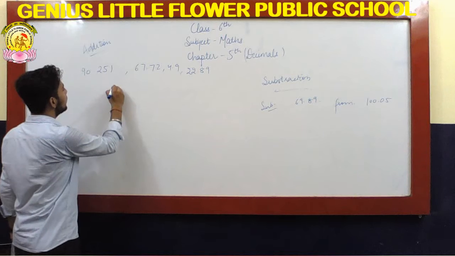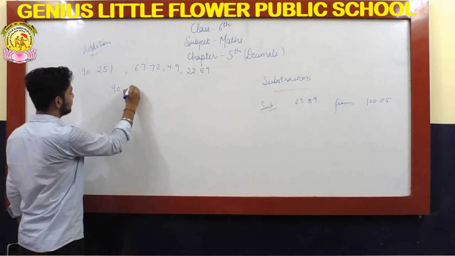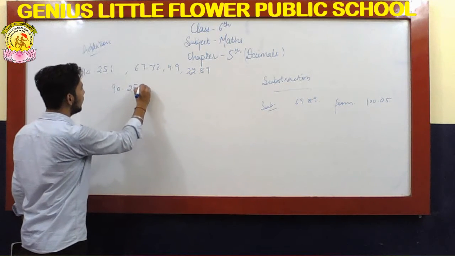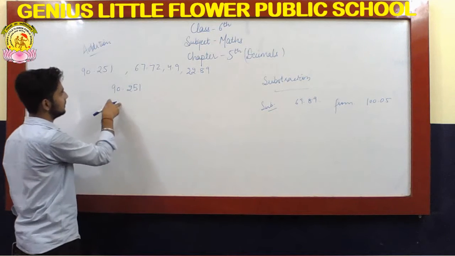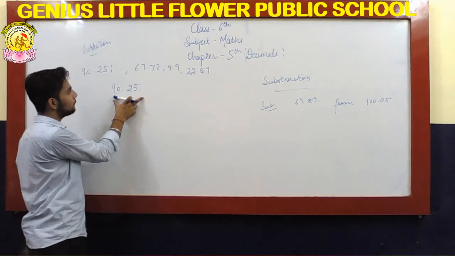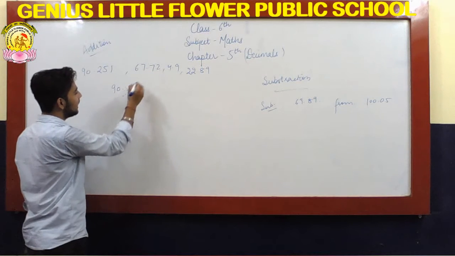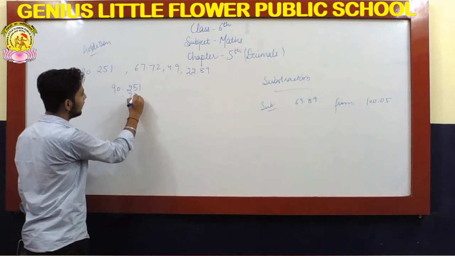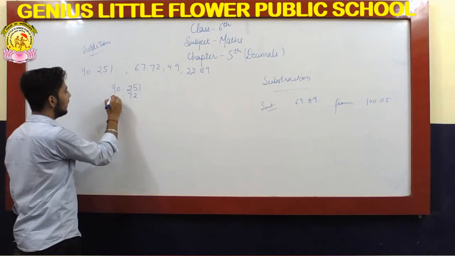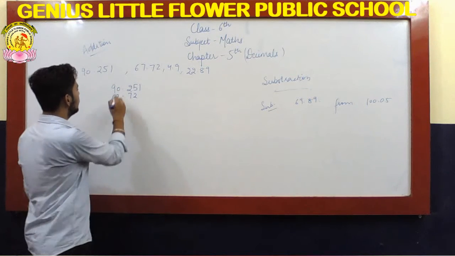First, you have to make a line so that the decimal places and decimal points match each other. For example, we have written the first number, and for the second number we have to match the decimal place, and after the decimal place we write this, and here you have the same.